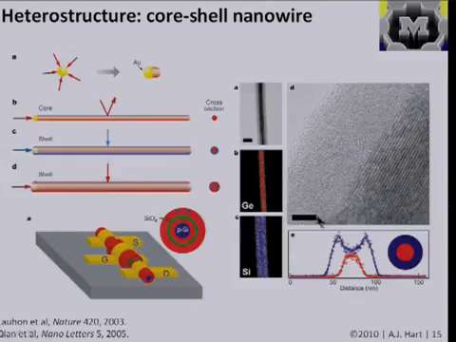And now you can already start to see the manifestation of imperfections. This is not perfectly straight, or maybe because you're going to get some diffusion of the silicon into the germanium, this is not an abruptly atomically sharp interface. Also the technique may not be able to detect that atomic sharpness, but there's certainly some mixing going on, and that has an effect on the properties of the structures.